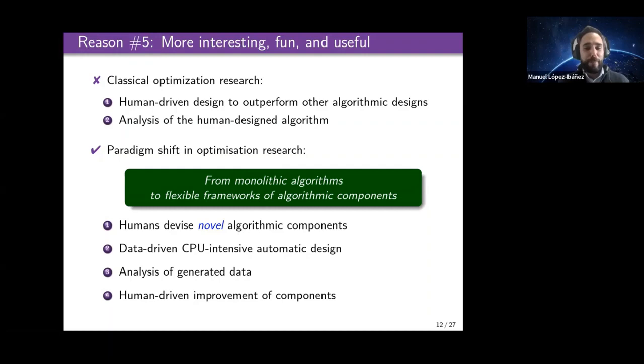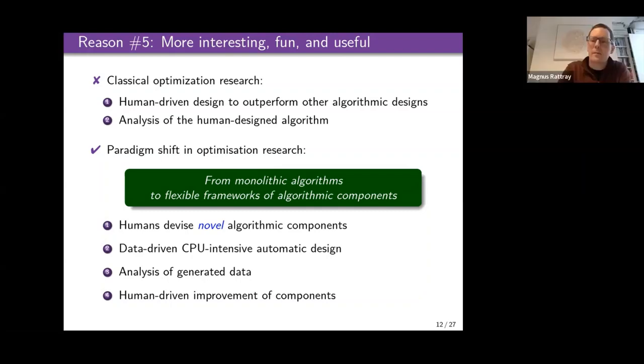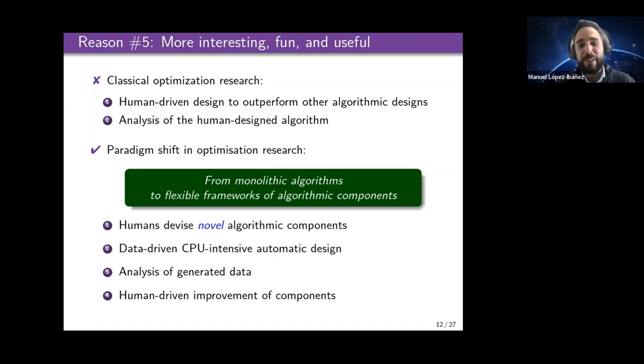Yeah, so the boundary is quite blurry. Normally hyperparameter optimization doesn't make a distinction between them because they are parameters. For me, the distinction is in what is the thing that you're optimizing. If you're optimizing an algorithm that is not very flexible but has a lot of numerical parameters, but the structure of the algorithm itself is fixed, then I will not say that you are generating a new design.